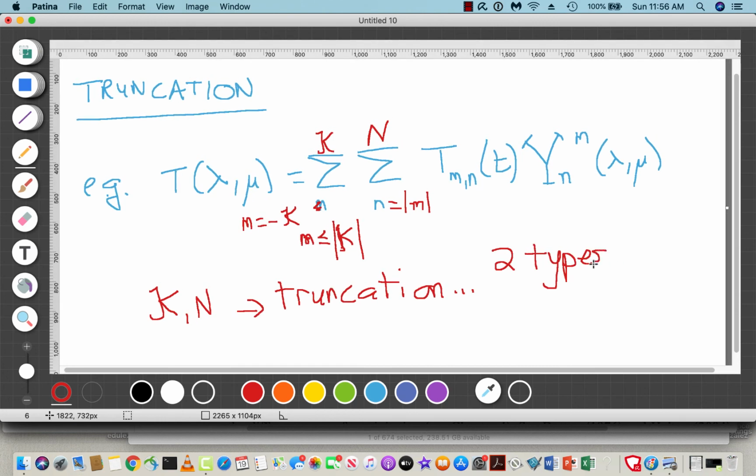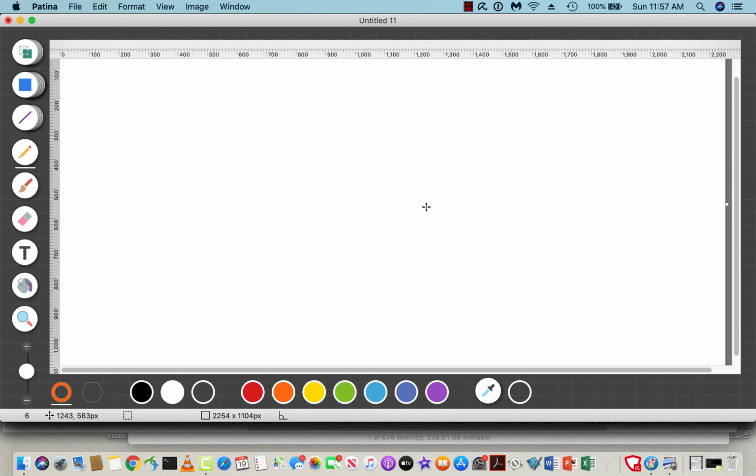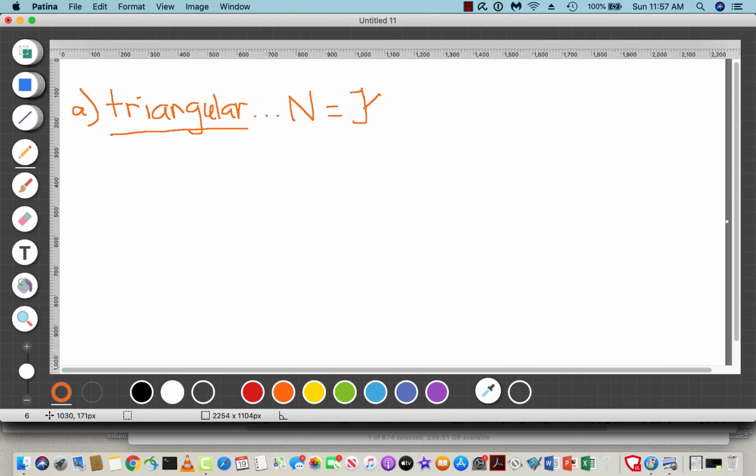And to figure that out, let's have another screen. The first type of truncation that people use is called triangular truncation. In triangular truncation, we assume that capital N is equal to capital K. And there's a way of understanding this if we plot this in wave number space.